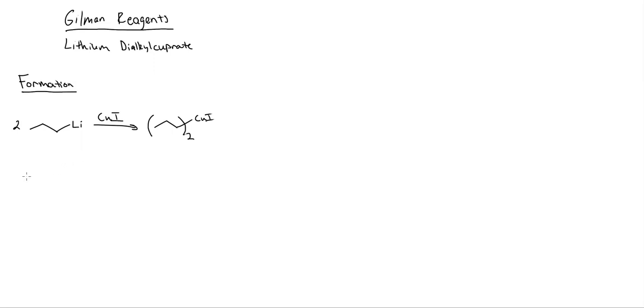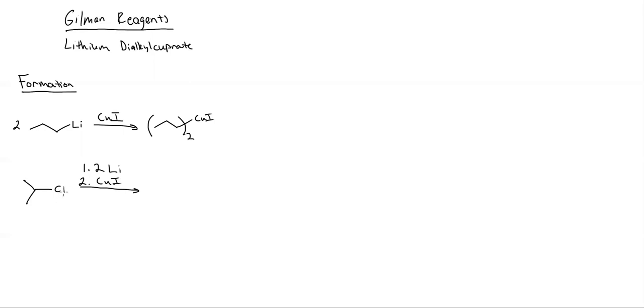So the other way to do this is I can start off with an alkyl halide. So let me start off with, I don't know, this alkyl halide, I guess. And if I put this with two equivalents of lithium, followed up by CuI, then this two equivalents of lithium is going to turn this into an organolithium, right?